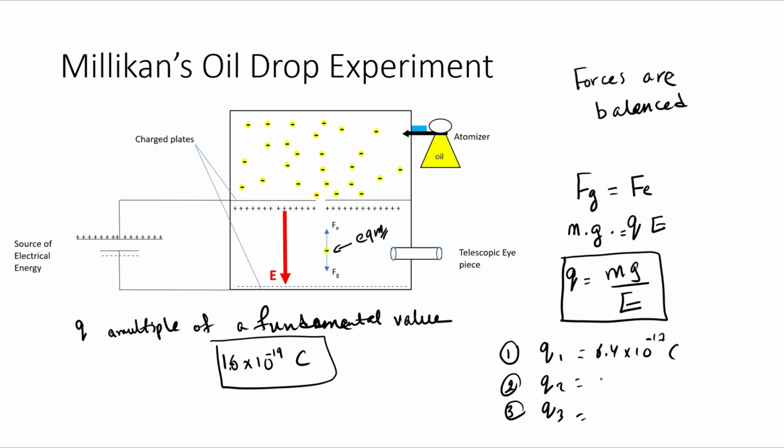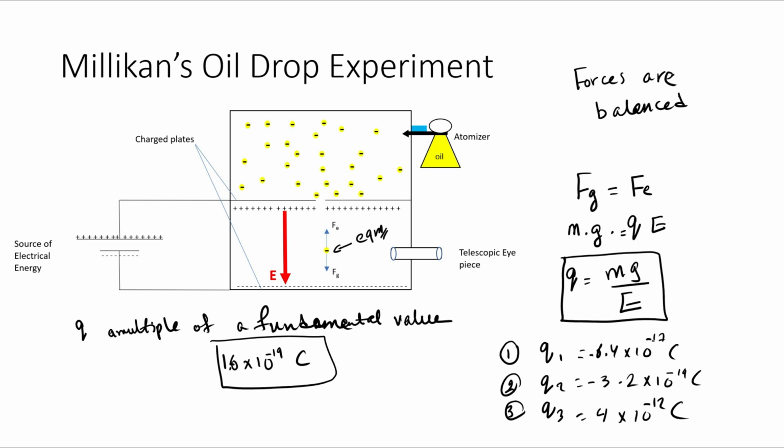This was, let's say, negative 3.2 times 10 to the power of negative 19 coulombs. We will have, let's assume, 4 times 10 to the power of negative 12 coulombs.